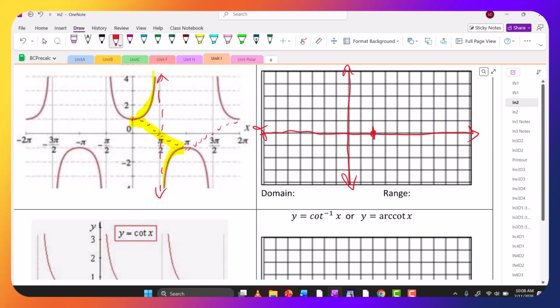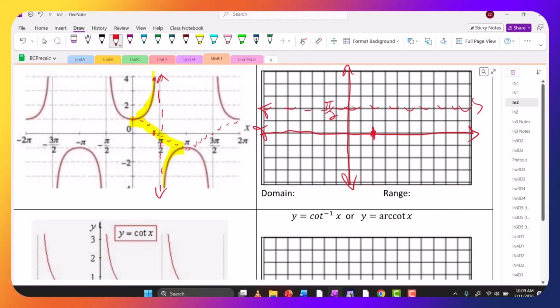So what's really close to pi over 2? I'm going to have to go up 2 and do this pi over 2 right here. And I'm going to draw that asymptote, because we know the vertical asymptote, the inverse of that is a horizontal asymptote. All right. And then right before pi over 2, right there, is very large.